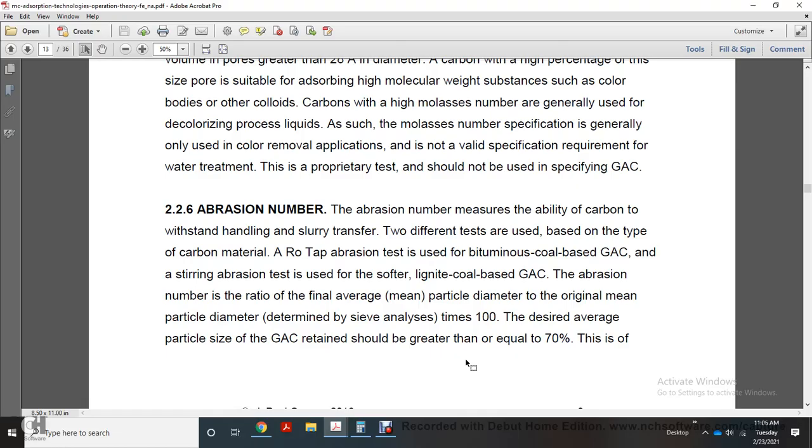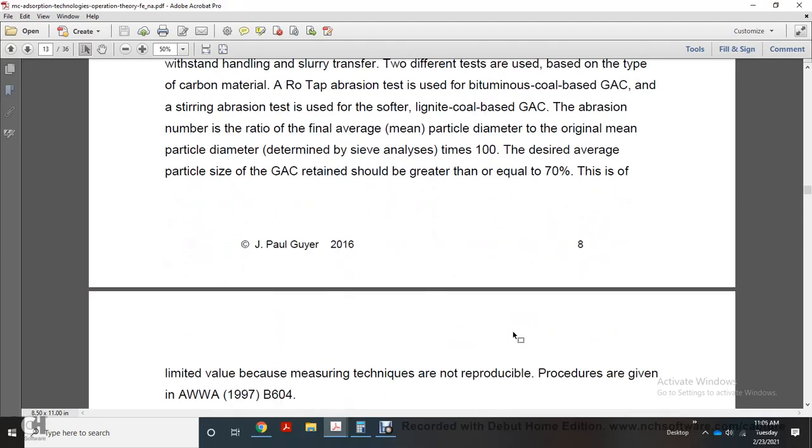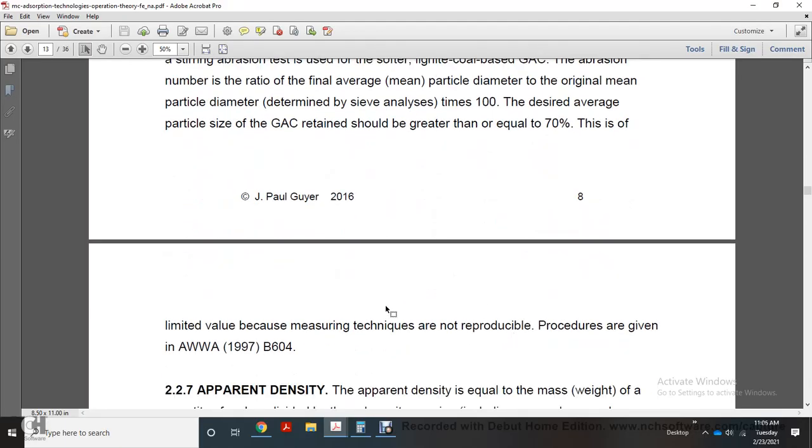The abrasion number is the ratio of the final average mean particle diameter to the original mean particle diameter, times 100. The desired abrasion number of the granular activated carbon retained should be greater than or equal to 70. This is of limited value because the measuring techniques are not reproducible.